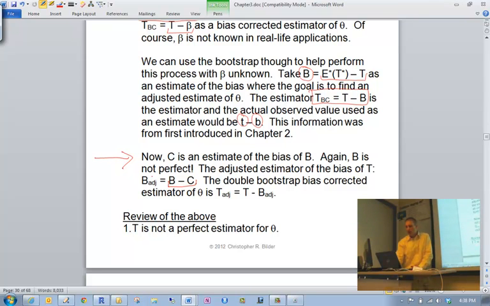So how about we call this adjusted estimate of the bias B sub ADJ, adjusted. Then, instead of using B in our calculation here to come up with a bias corrected statistic, how about we use B adjusted instead and take that as our estimator.